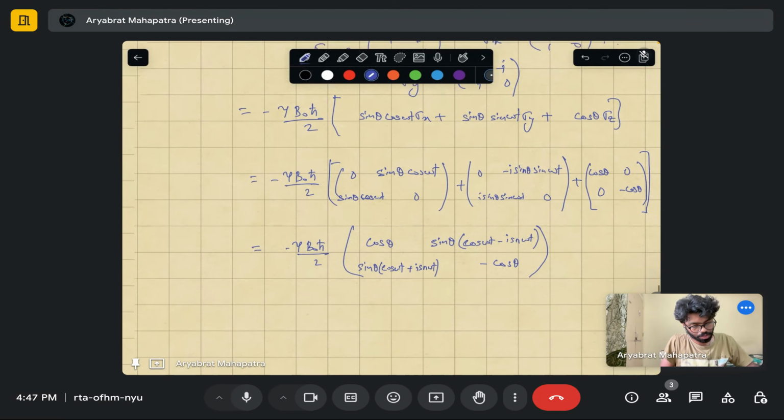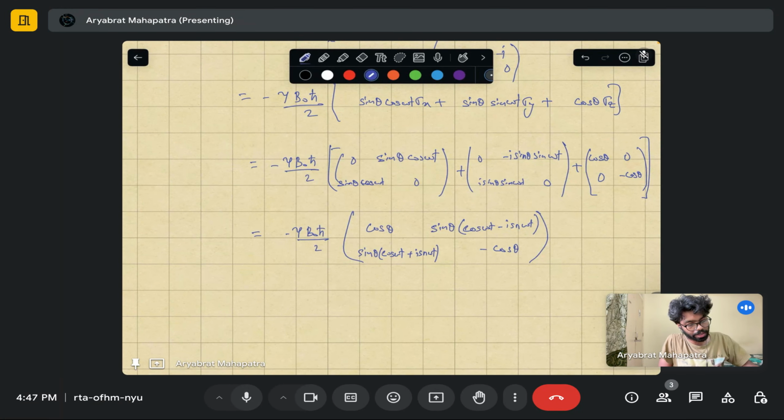Then you see, again from Euler's relation, like what we were talking about before, you can write this in exponential form. So finally you can write the Hamiltonian, which is time dependent, as minus gamma B naught h bar over 2, times cos theta, e to the minus i omega t sin theta, e to the i omega t sin theta, minus cos theta.